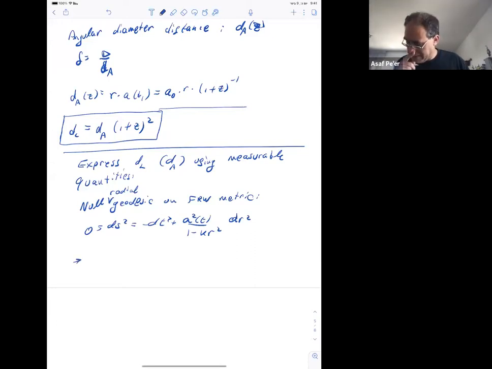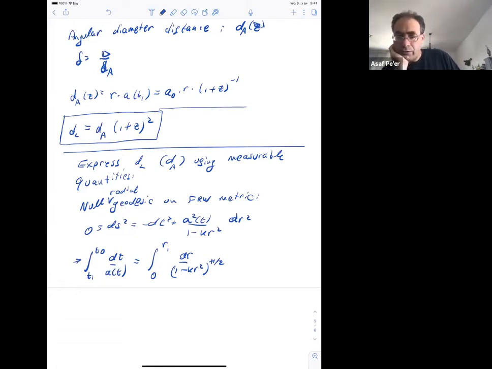So you can simply take a of t to the left-hand side and get that the integral from t1 to t0 of dt over a of t is the integral from 0 to r1 of dr over (1 minus k r squared) to the power one half. It sounds trivial. This is a basic integral, which you can immediately do. That is just the inverse sine of r when k is equal to plus 1. What is that when k is equal to 0?